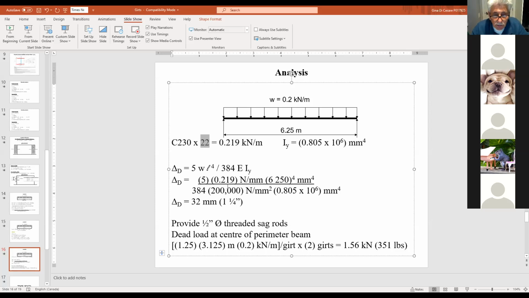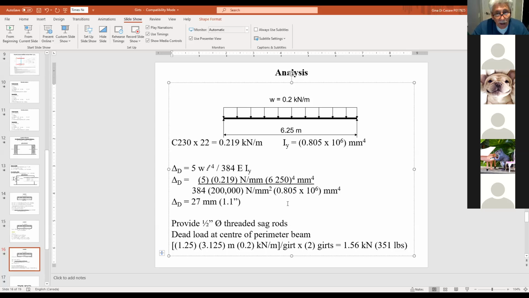You get 27? Yep, that's what I get. 27 millimeters, so it's approximately 1 inch, about 1.1 inches.